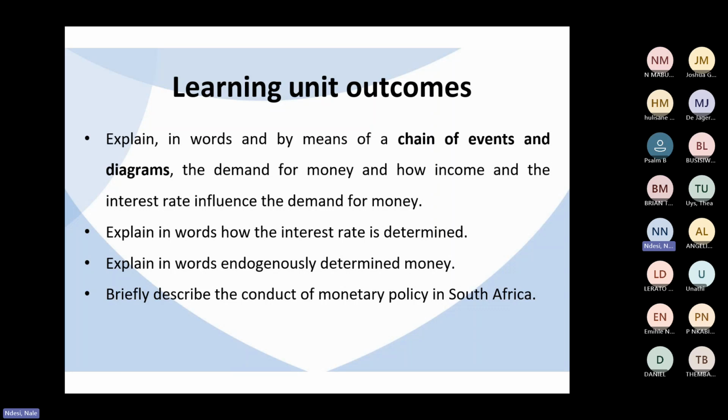Also explain in words how the interest rate is determined, explain in words endogenously determined money, and lastly be able to briefly describe the conduct of monetary policy in South Africa.